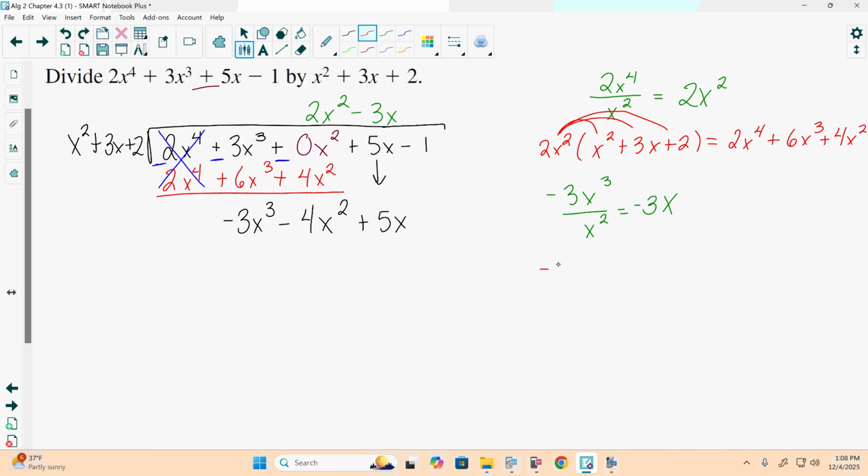Then we have to multiply through to know what goes underneath. Negative 3x times x squared is negative 3x cubed. Negative 3x times 3x is going to be negative 9x squared.